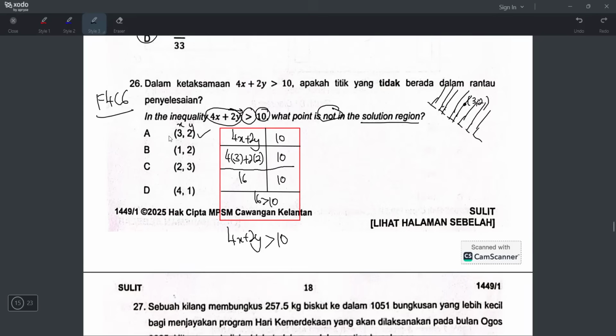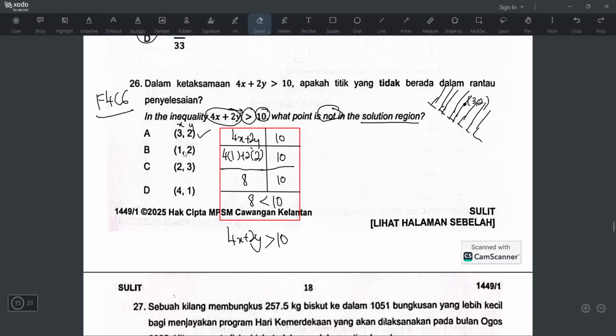Okay, what about B? Well, repeat the same process. I'll take out my eraser and erase this part and this part and this part. So let's go. This time it will be 4x plus 2y, but this time my x is 1, my y is 2. 4 times 1 is 4, 4 plus 4 is 8. You can see 8 is smaller than 10. That means when you sub this point inside, you get the left hand side 8 and the right hand side 10, so the left hand side is smaller.